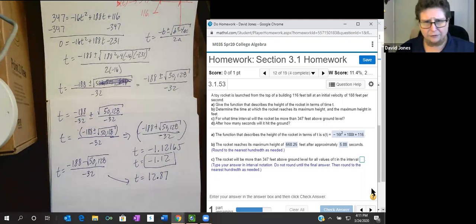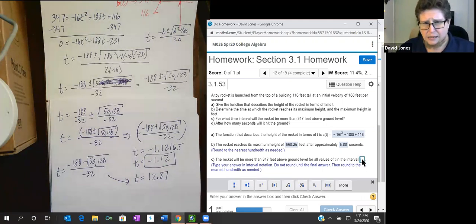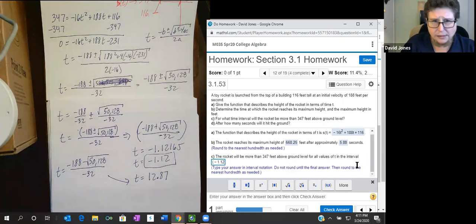They want an interval. So negative 1.12, 12.87. If they don't take that, I'm going to change t to equaling 0.